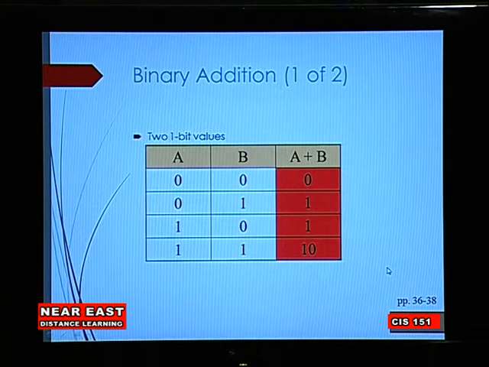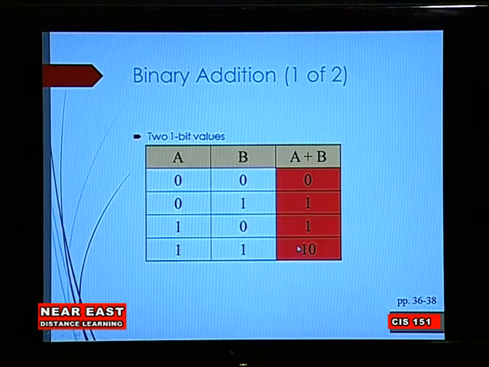Binary addition. A plus B: 0 plus 0 is equal to 0. 0 plus 1 shows us 1. 1 plus 0 is equal to 1. 1 plus 1 is not 10, it's 1, 0.